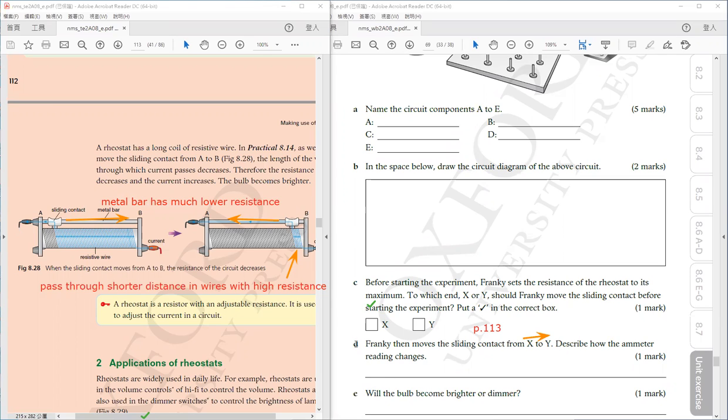Therefore, with smaller resistance, in the answer you should be able to identify that the current size, the ammeter reading, is higher.